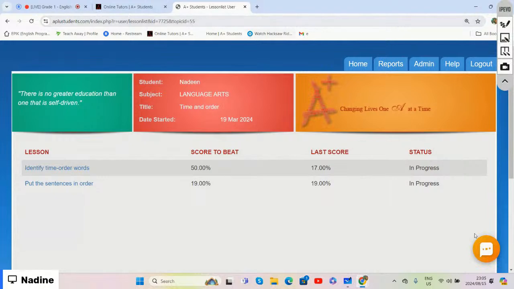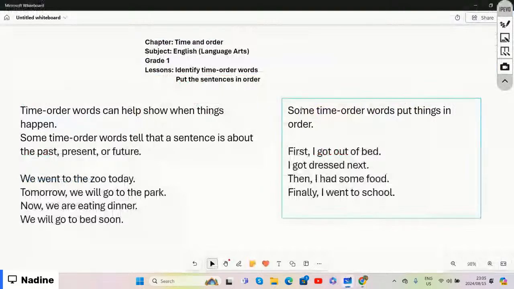All right. So our chapter is time and order. Our subject is English Language Arts, grade 1.